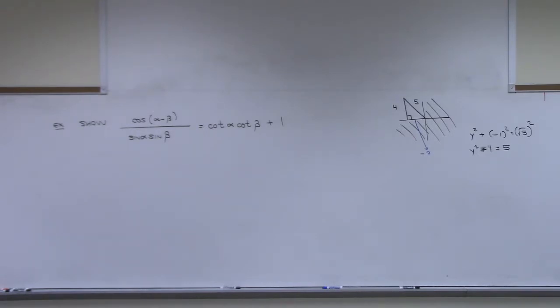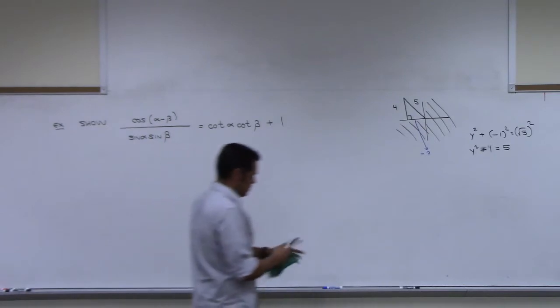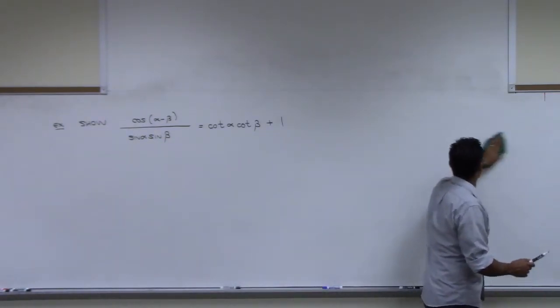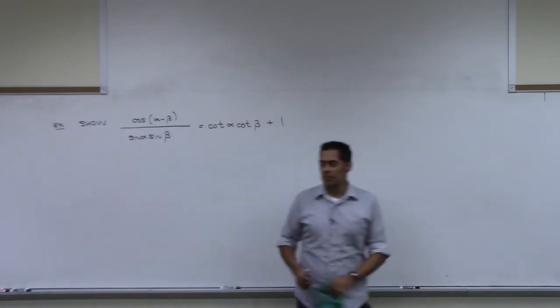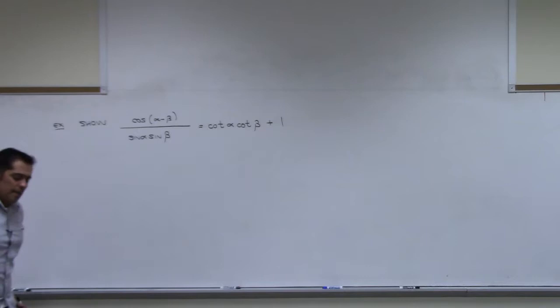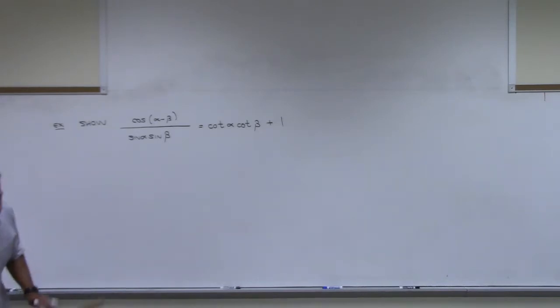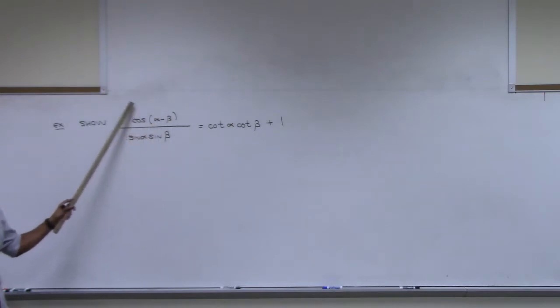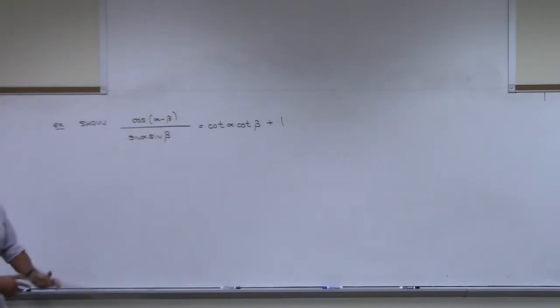So how do we handle these things? Start with one side and make it turn into the other. And I'd say that maybe start with the left because, well, we've just been covering this formula, haven't we? So we know what cosine of alpha minus beta turns into. Let's go ahead and write that down.